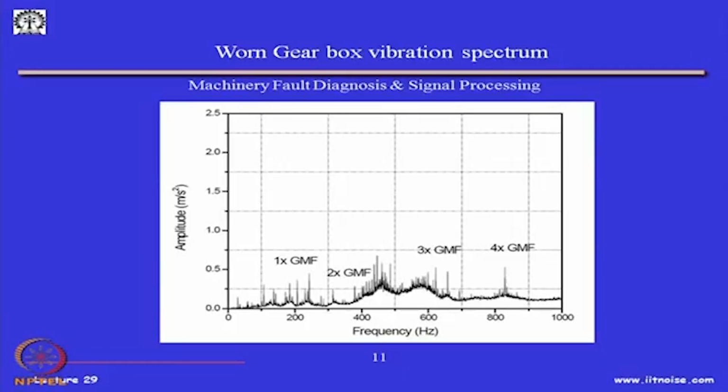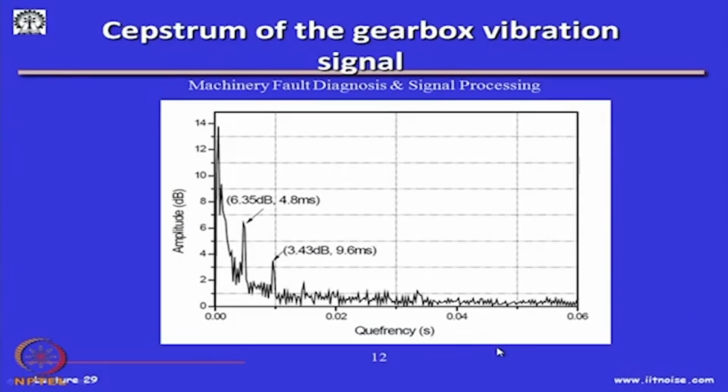But what I wanted to show you here is that the gearbox sidebands around the GMF have to be found out by the cepstrum analysis, and the cepstrum analysis of the gearbox signals, this is in dB, will give you certain Q frequencies. So, the inverse Q frequency will be related to the rotational speed of the pinion or the gear, or there are multiples. In this case, there is a strong multiple. So, you will see which one is more at fault.